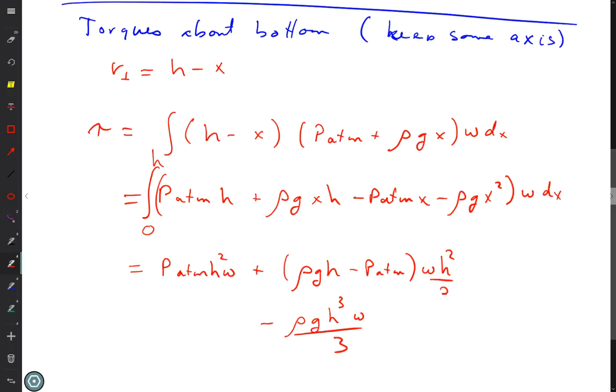So I have those 3 terms, or 4 terms, depends on how you want to count them since I combined 2, for my torque about the bottom. More complicated simply because we're calculating about a different location. Now, just to be clear, what direction is this torque about the bottom?